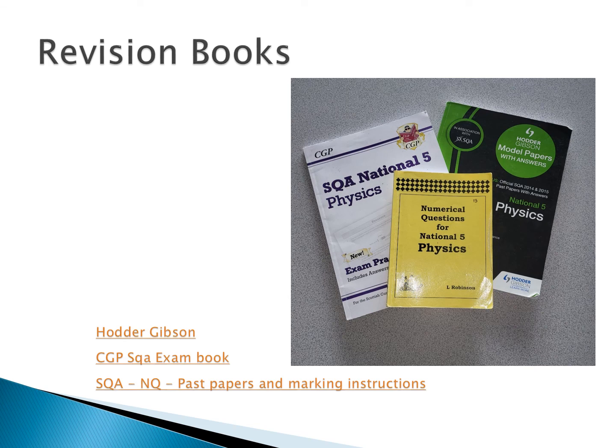So again, it's an opportunity for yourself. You can maybe get involved in helping your child, running through past paper questions and working towards the correct answers with the correct definitions. The links to all the books are here in the PowerPoint.